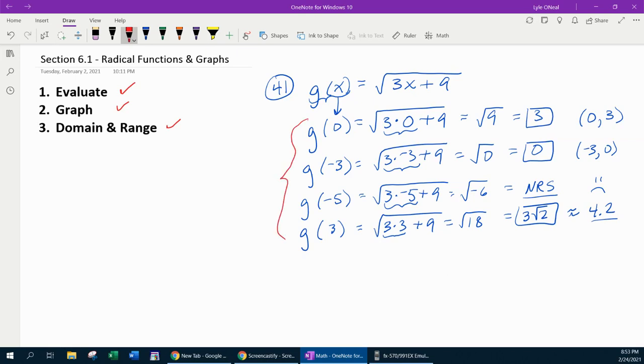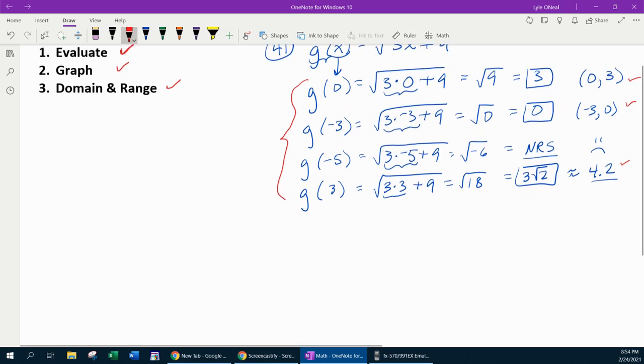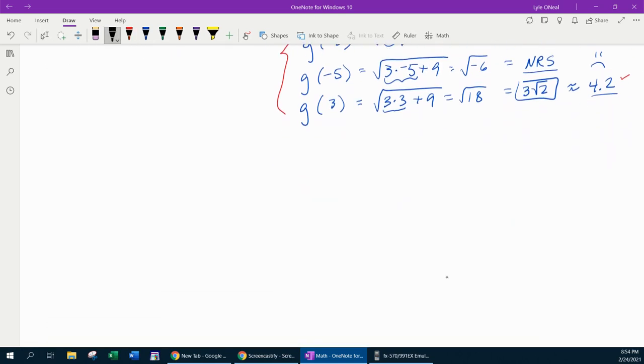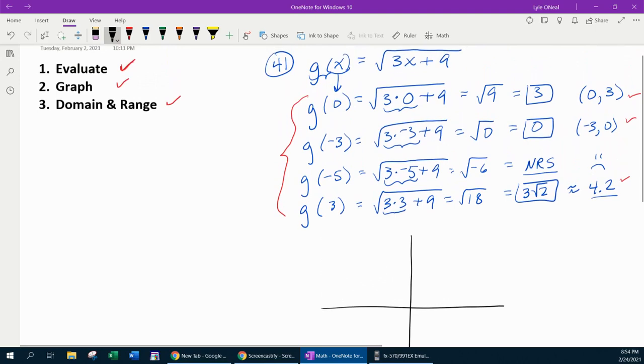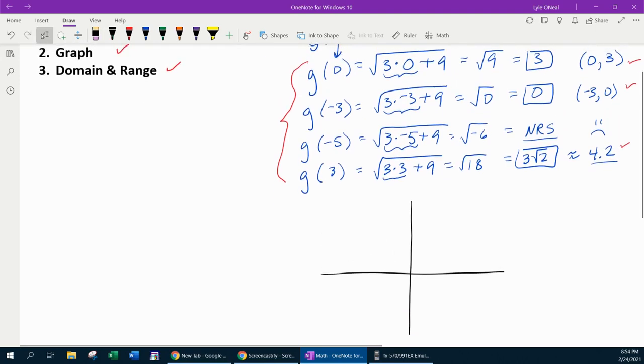Every one of these problems would take care of the evaluate. Now that we have, what is that, 3 ordered pairs? 1, 2, this is technically an ordered pair. Now that we have about 3 points, let's see if we can produce the graph. So we're going to scroll down a little bit. Got our XY coordinate system, and we're going to plot these points.